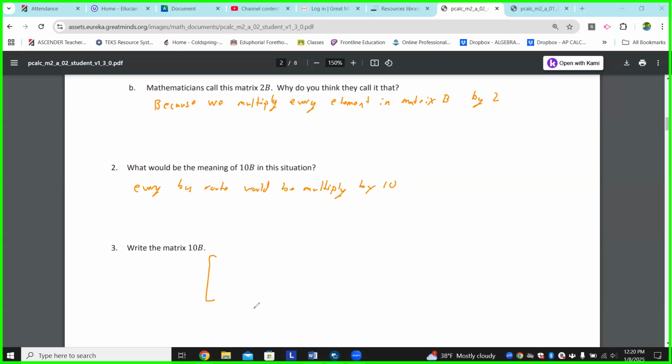So what would the first row of the 10B matrix be? Yes, perfect. 10, 30, 10, 0. Notice we are multiplying the original bus matrix by 10. So when we do this, it looks more like this.